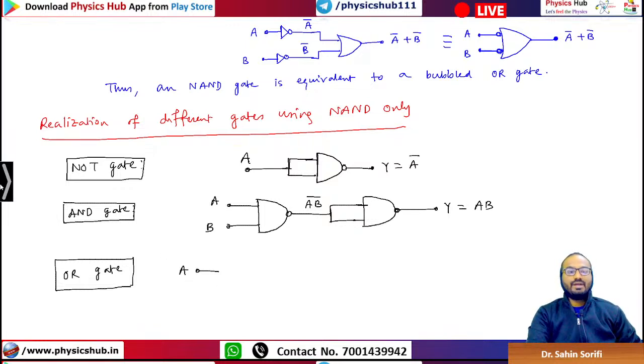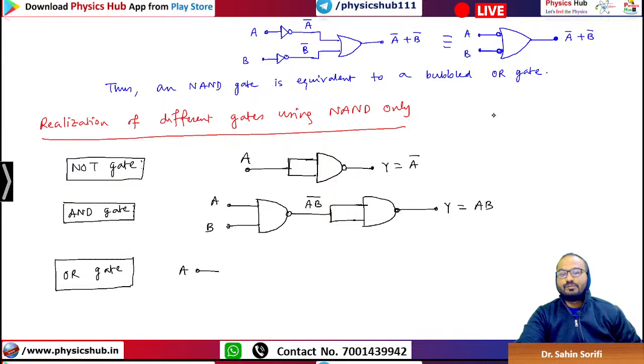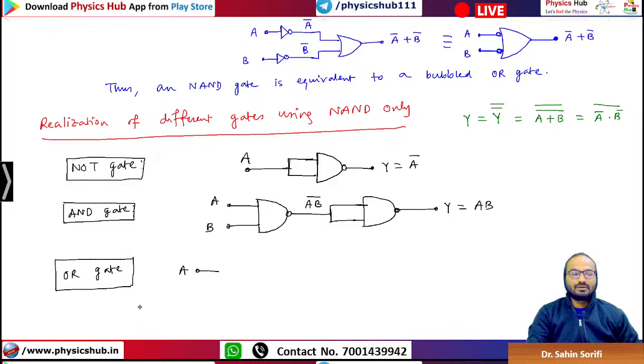Look, the best way to do such things would be to use the property that double complement of Y is equal to Y. Let's say we want to make A plus B. So take the complement of A plus B and its whole complement. What it gives you is A complement dot B complement, full complement, right?